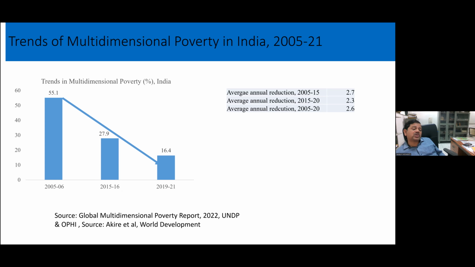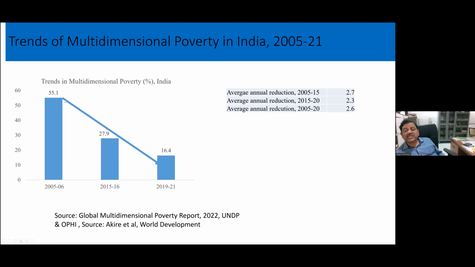Now it is quite impressive to look into this. When we look at these numbers, it is really quite satisfying. In 2005 and 6, more than half of the population of the country was multidimensionally poor, and these are based on a similar methodology, a comparable estimate over a period of time.